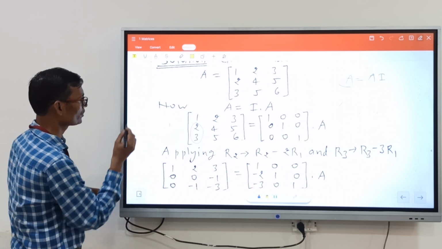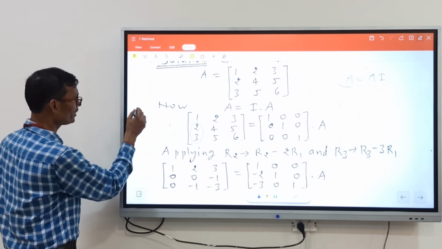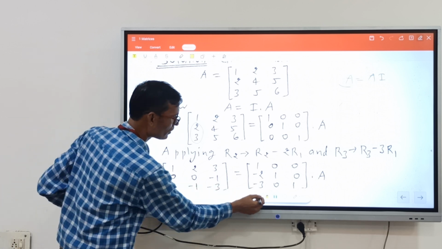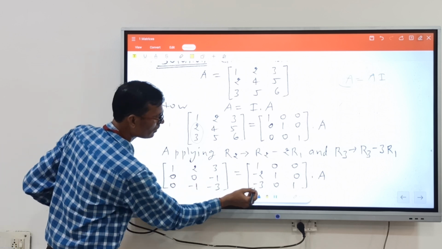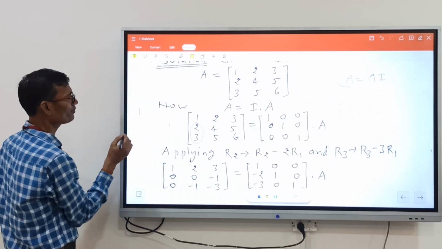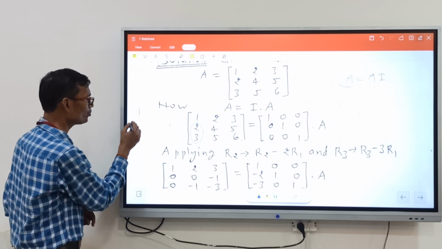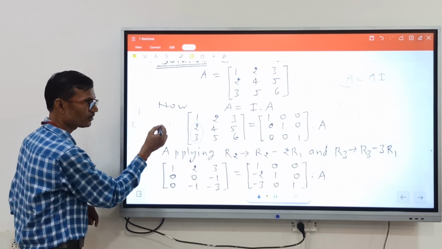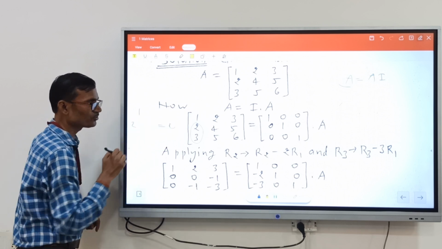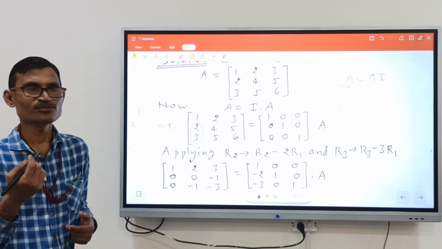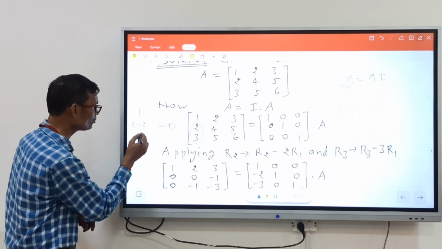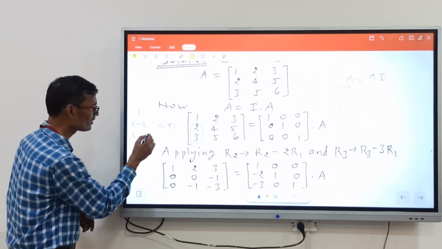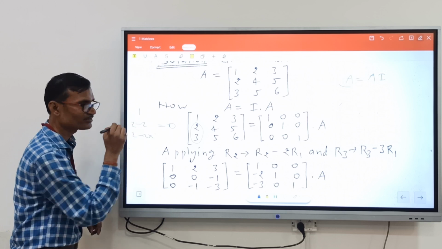Suppose we have 1, 1, 1, and we have to make 2 0. How will we make it 0? By subtracting 2. This 2 can be written as 2 into 1.